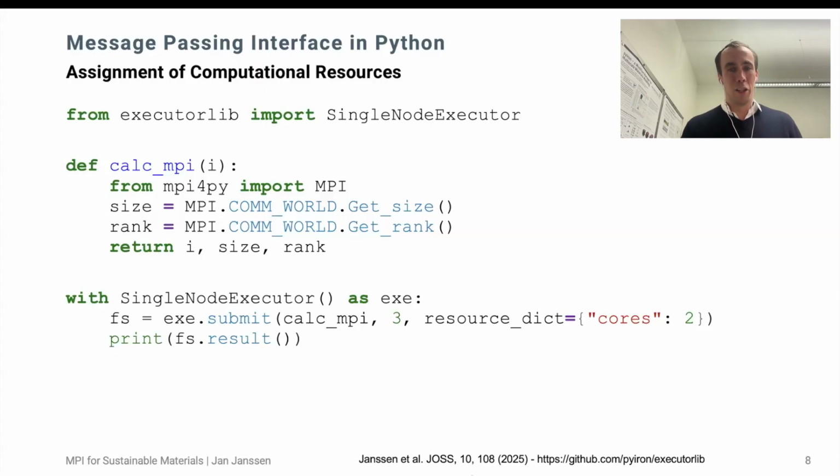Right? So we can submit functions, and by adding this additional attribute here, the resource dictionary, and assigning a certain number of cores to the specific function call, this function is then executed MPI parallel, so therefore using multiple cores. But the rest of the program, our definition of the executor, the definition of the function, and the whole logic of our workflow, all this remains a serial process.